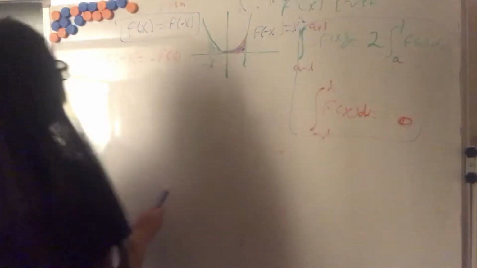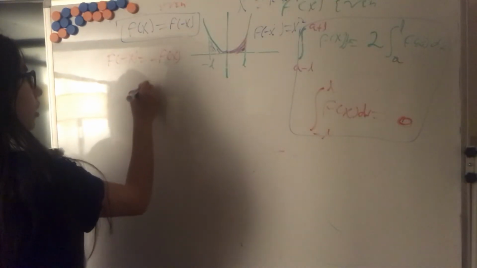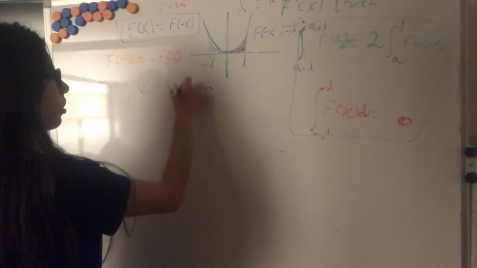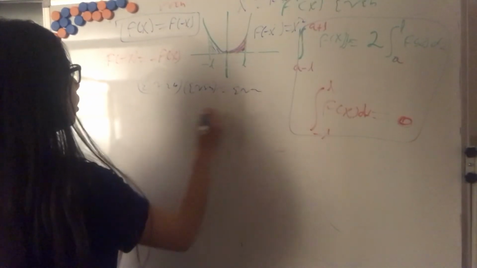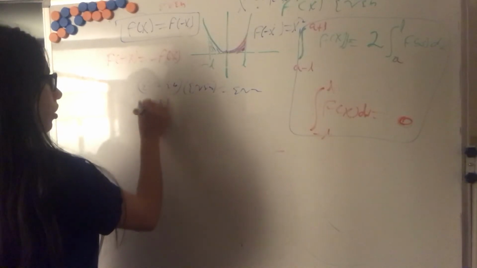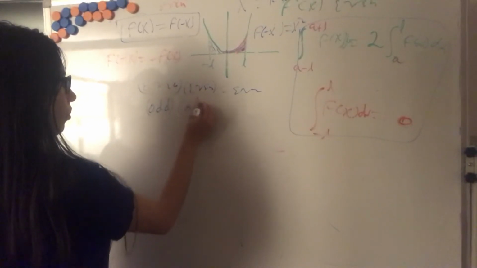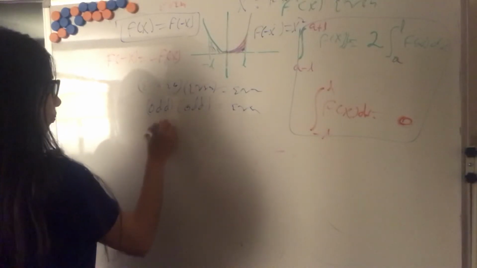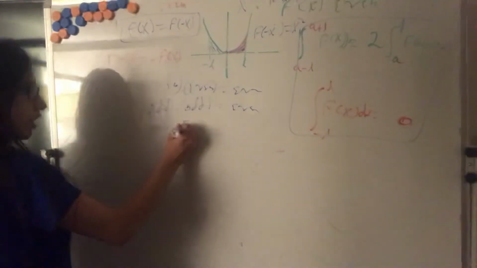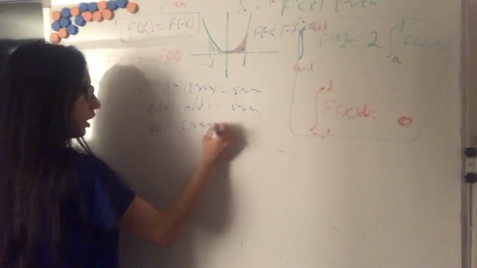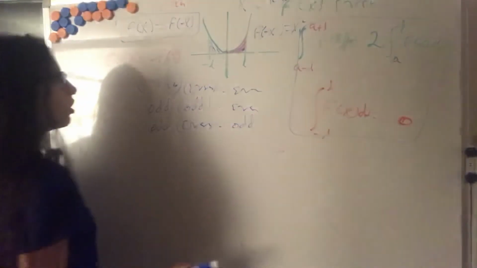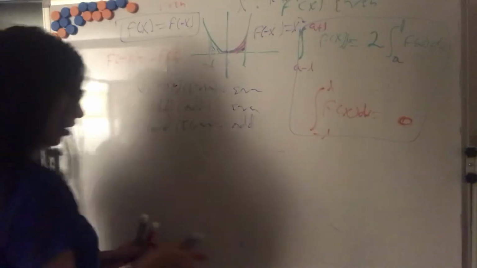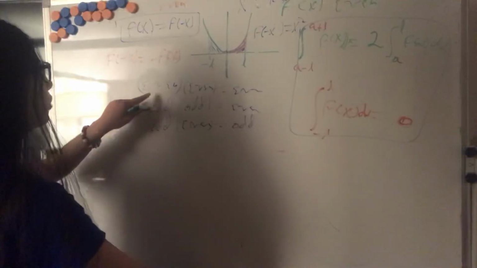We will see that an even function times another even function is an even function, that an odd function times an odd function is an even function, and that an odd function times an even function would be an odd function.